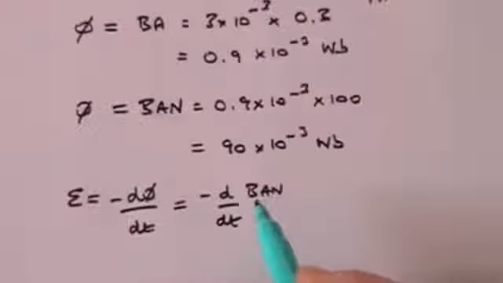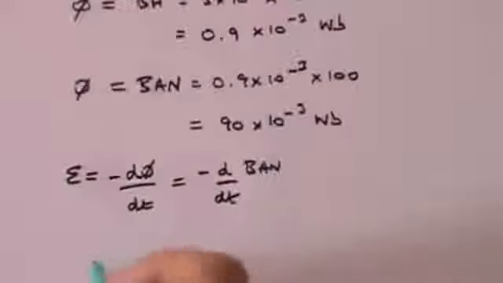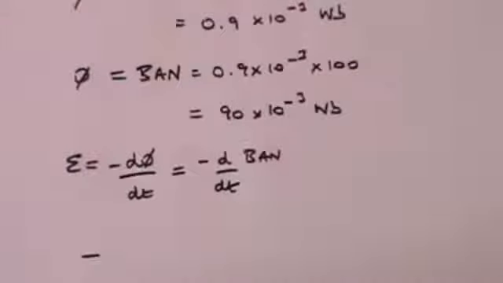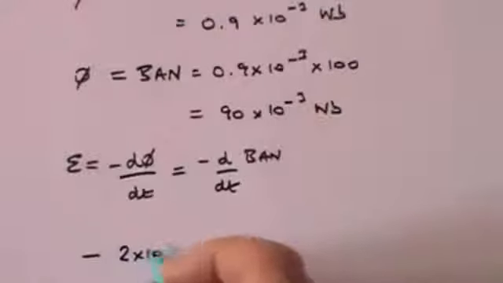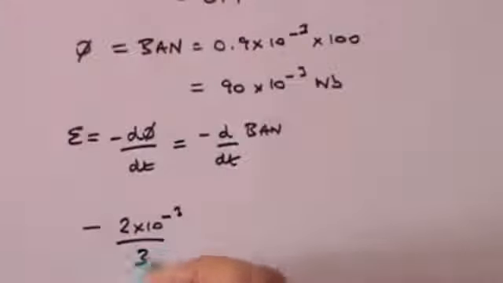The only thing that's changing is B. A and N are going to be fixed, so what you're going to get is essentially minus then the change of B, from 3 times 10 to the minus 3 to 1 times 10 to the minus 3. Well, that's a change of 2 times 10 to the minus 3 divided by the time, which is 3 seconds.